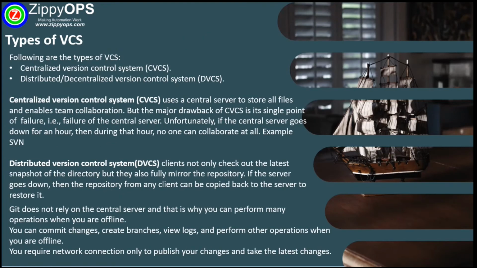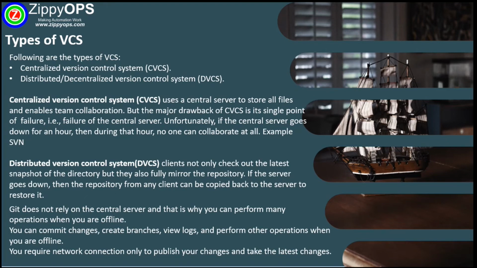There are two kinds of version control system available in the market. One is called the centralized version control system and the other is called the distributed version control system. I talked about SVN, right? SVN is an example of a tool that works on a centralized version control system. The problem there is that you will be logging on to the server and making the changes there.